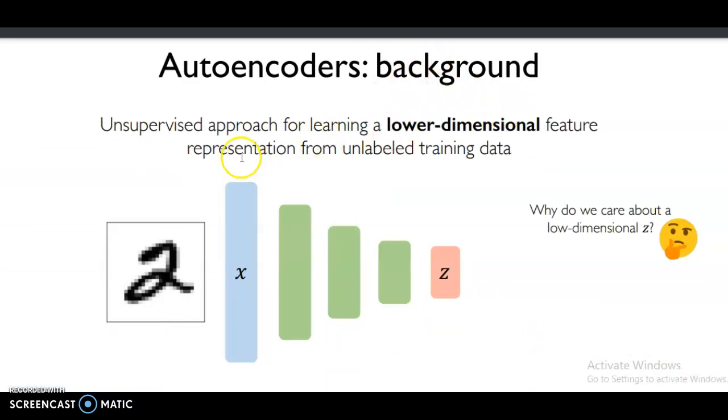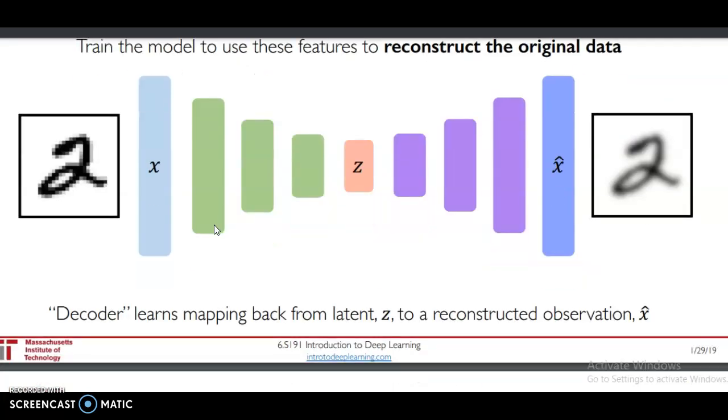Autoencoders background: an unsupervised approach for learning a lower dimensional feature representation from unlabeled training data.